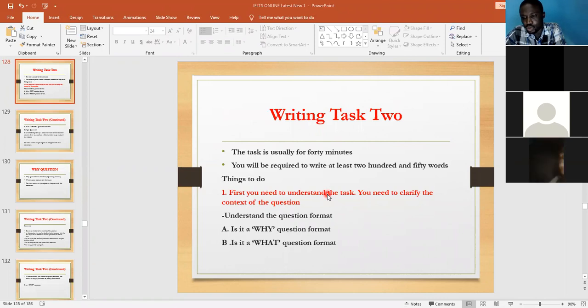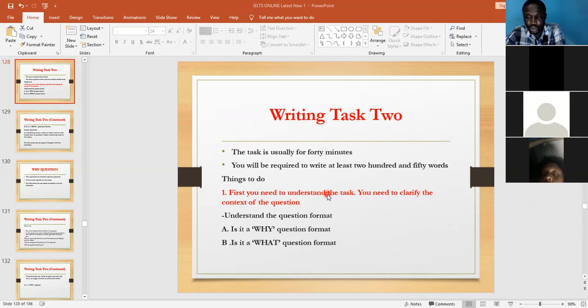So if you need to, because I have seen that it's very critical in understanding what we need to do so that you don't answer the question wrongly.